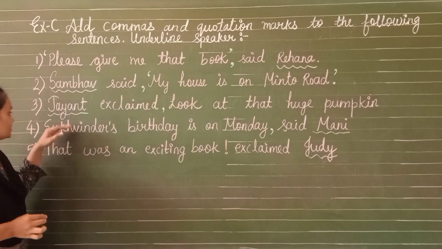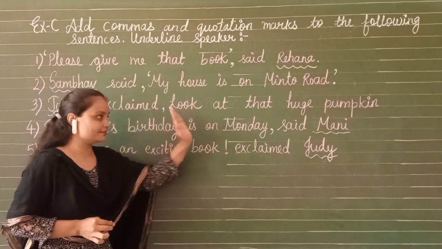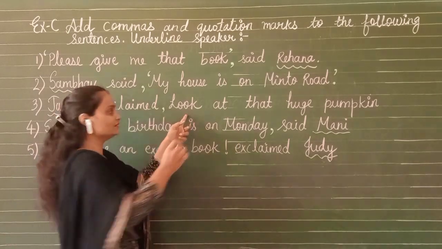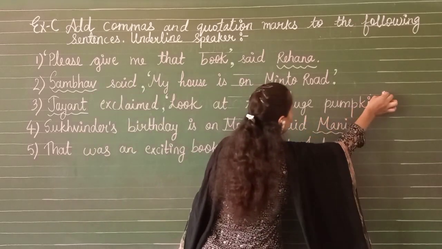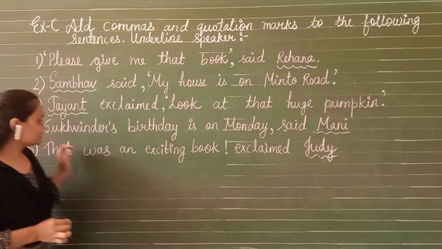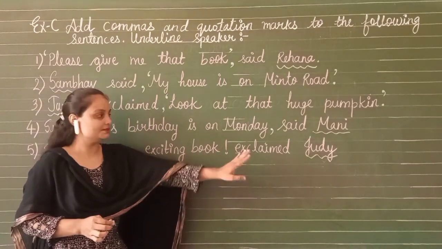Next is Jayan exclaim. This is an exclaimed sentence, so this will be enclosed in the quotation mark, and then we will add a full stop. Next is, Sukhvinder's birthday is on Monday, say Monday.